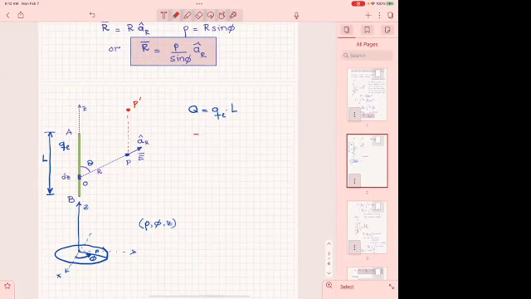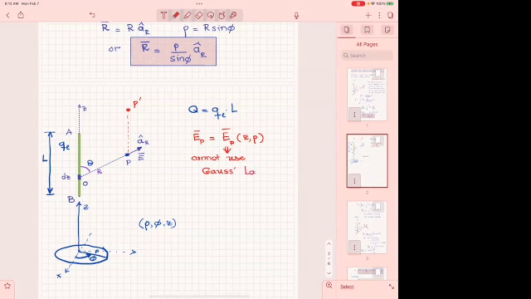So the E that we are looking for at point P, the observer, is going to be a function of rho and z. Because of that, we cannot use Gauss's law. Why is that?